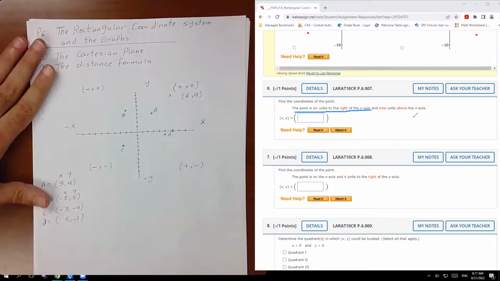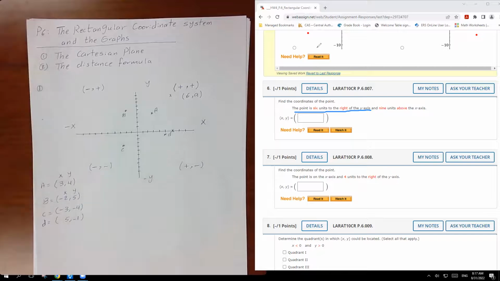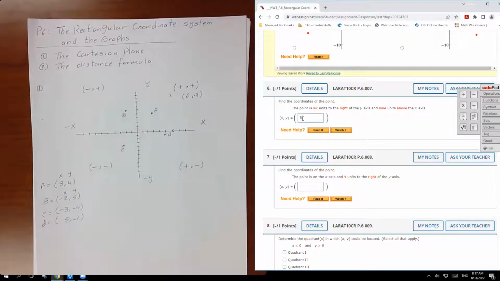So that's how you're going to find x and y. So you're just going to type here, x is 6. Be careful because they already put parentheses. You're going to put x is 6 and y is 9. That's it for this example. You don't have to put another parentheses.